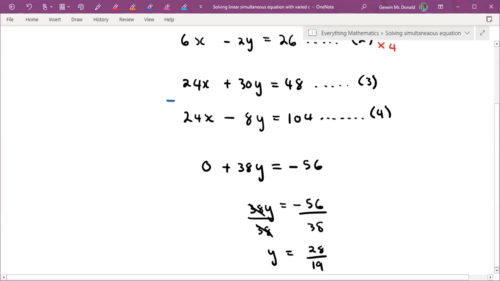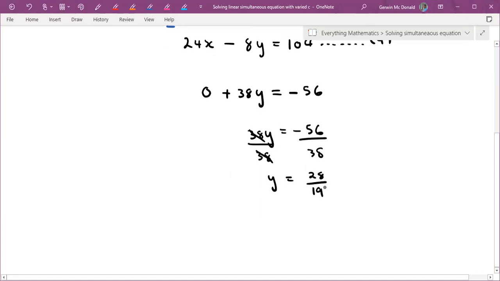Yeah, that's what it is. y is equal to 28 over 19. And if we write it out as a decimal, that's approximately equal to 1.47 in 2 decimal places, so it's still within our range. But I'm going to work with it as a fraction.